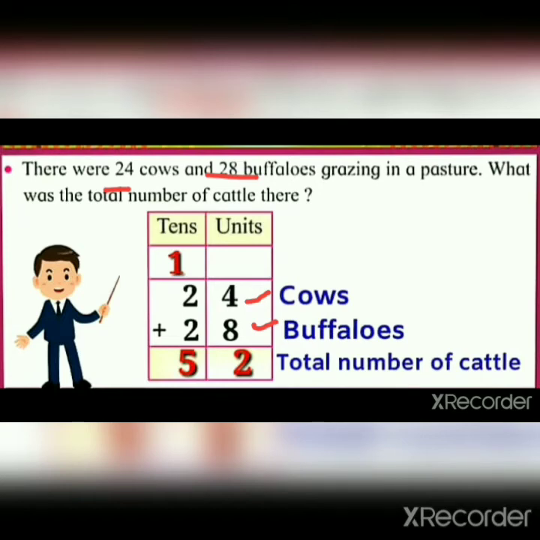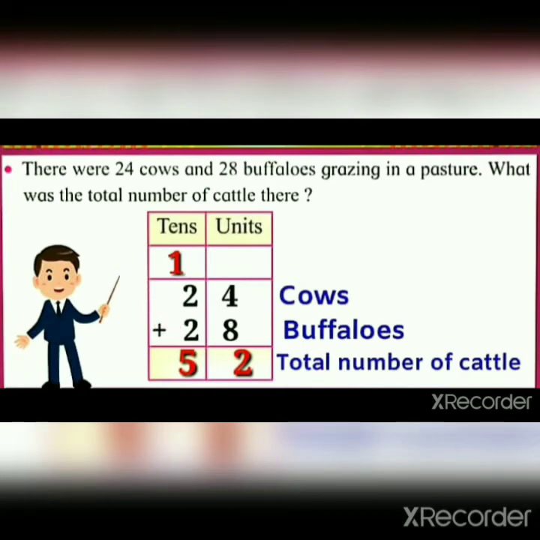So 4 plus 8 is equal to 12. Now 2 is ones, so you will write 2 in ones column, and 1 you will write for carry. After that you will add 2 plus 2.